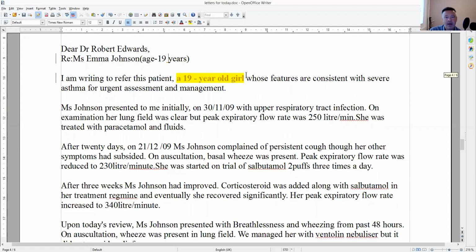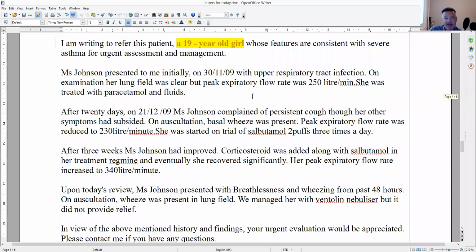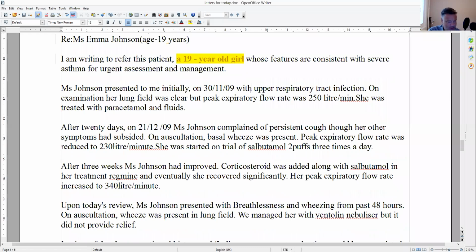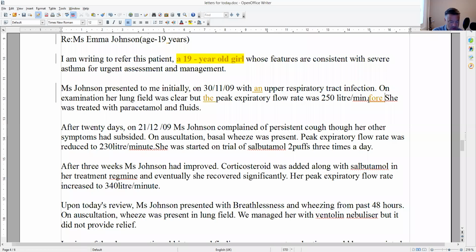Okay. Miss Johnson presented to me initially with an, because you can count it, upper respiratory tract infection. On examination, the lung field was clear, but the peak expiratory flow rate 25 liters per minute. For which, oops, use a relative pronoun, for which she was treated with paracetamol and fluids.